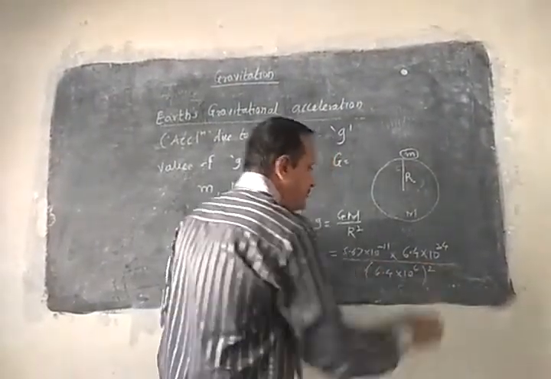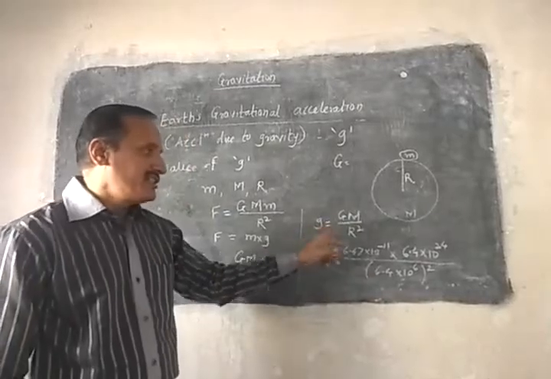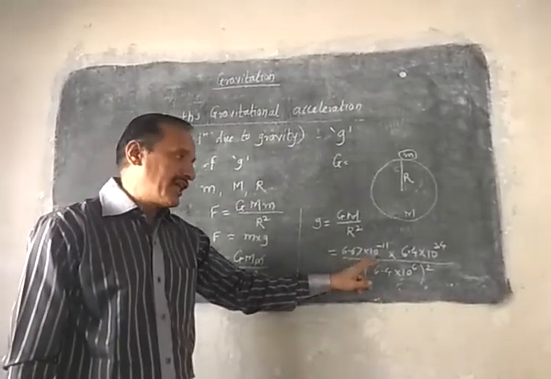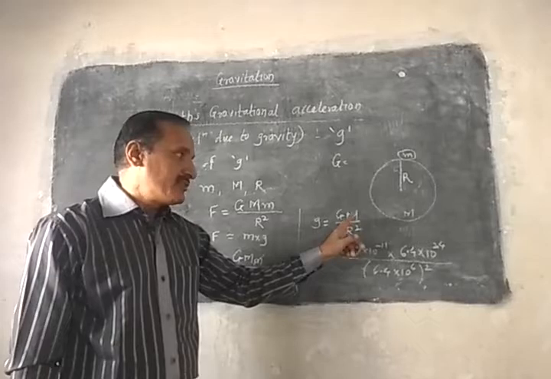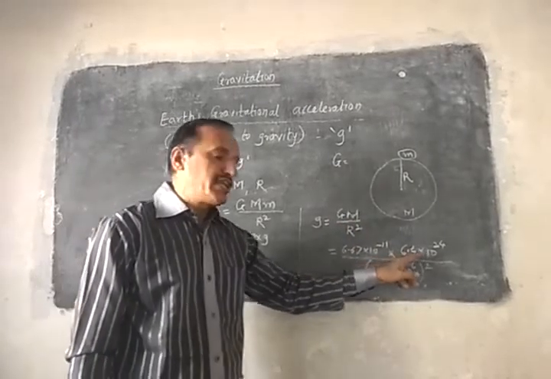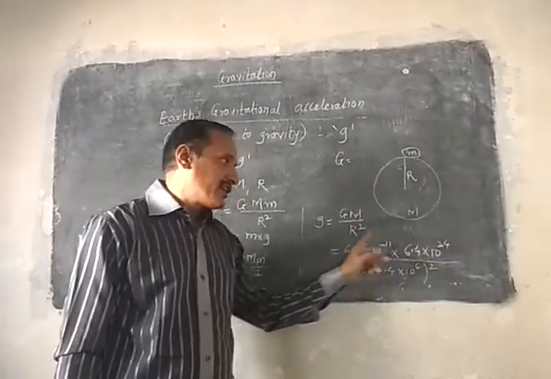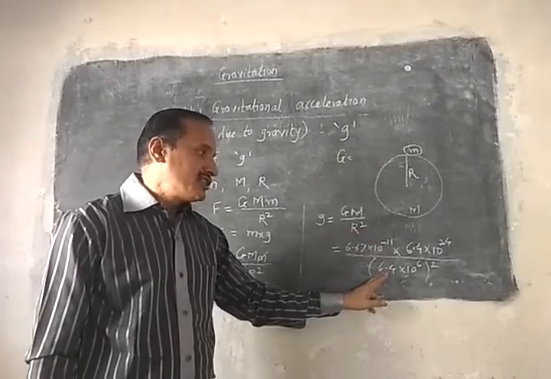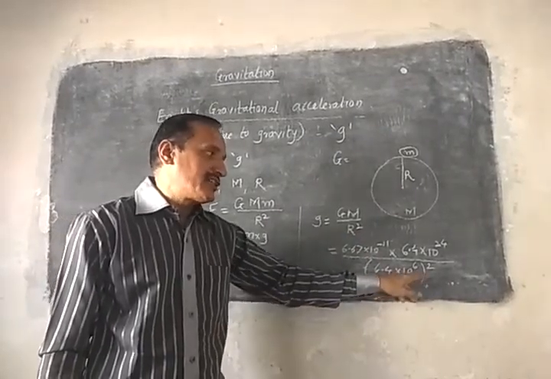So we put capital G as 6.67 into 10 raised to minus 11, capital M, the mass of Earth, as 6.4 into 10 raised to 24, and the radius of the Earth as 6.4 into 10 raised to 6, in brackets, squared.